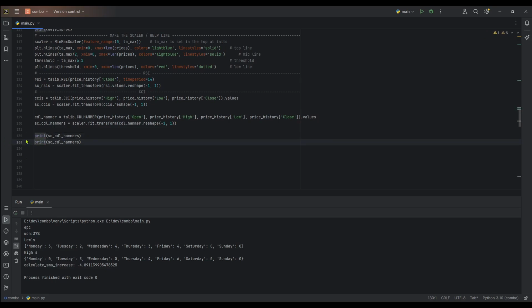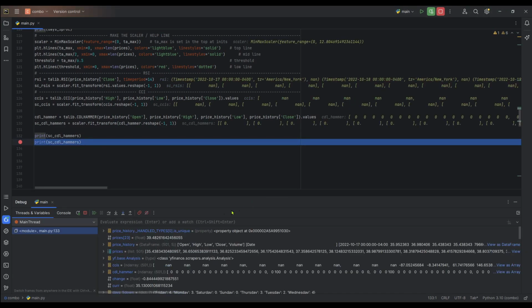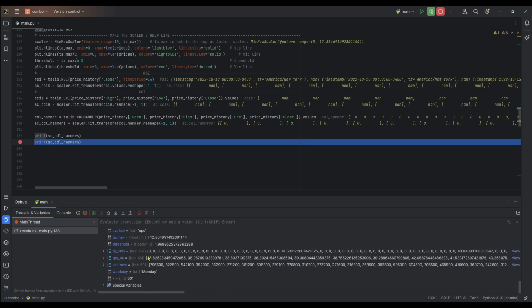I just want to put some break in that because I want to debug this for the first time. Let's see what happens now. So we have the prices, of course, nicely stacked over here, and then we want to see the hammers, of course.